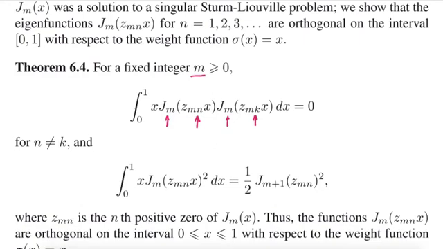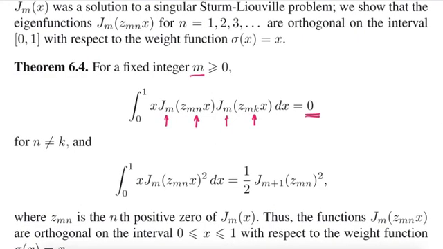Then these are orthogonal, meaning the integral is 0, with the weight function x. We have learned earlier that for orthogonality we can allow weight functions. Also Sturm-Liouville problems use weight functions. And so if you take a Bessel function and take two different zeros, Zmn, Zmk, then these functions are orthogonal.